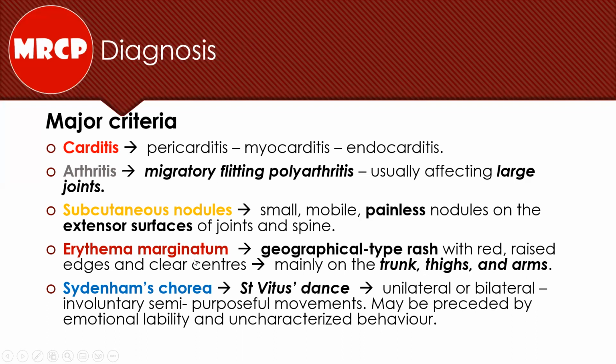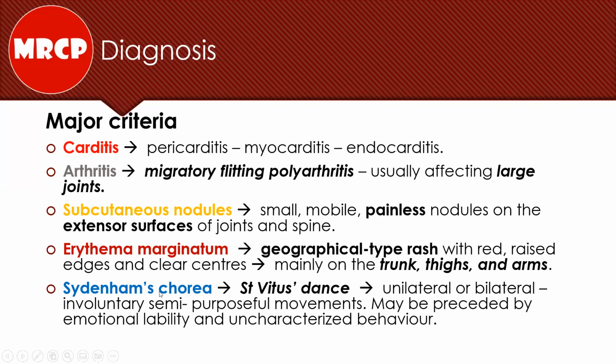And here also the distribution of this erythema marginatum is essential, because the distribution here is characteristic. Again, this is a geographical type of rash, and it is mainly distributed over the trunk, sides, and arms.